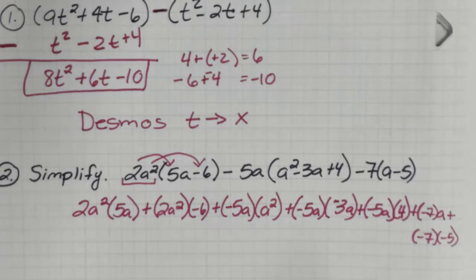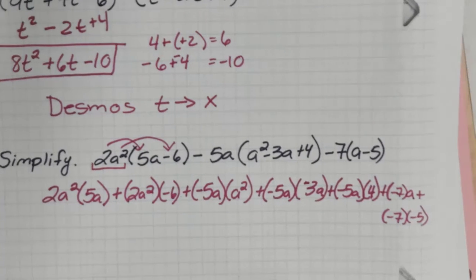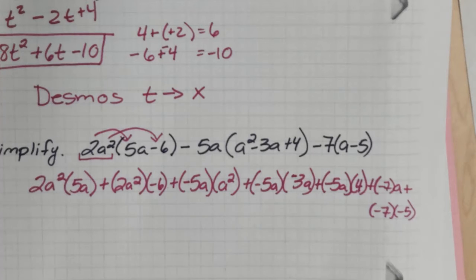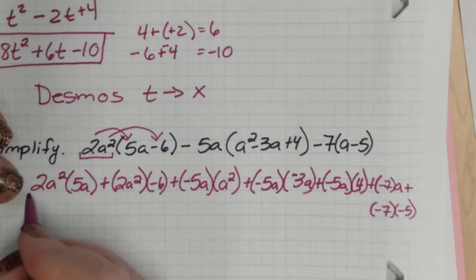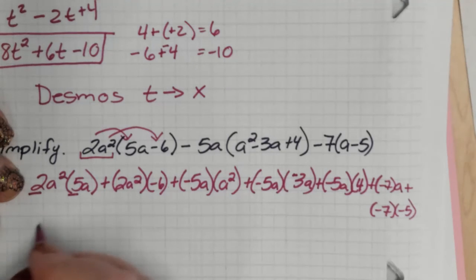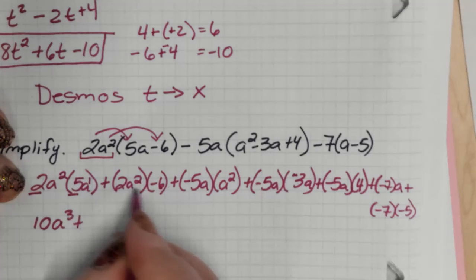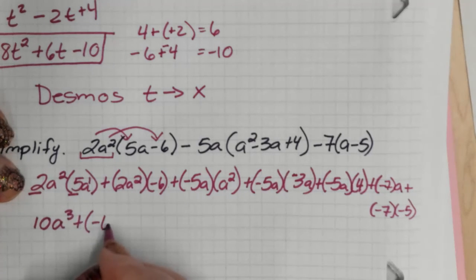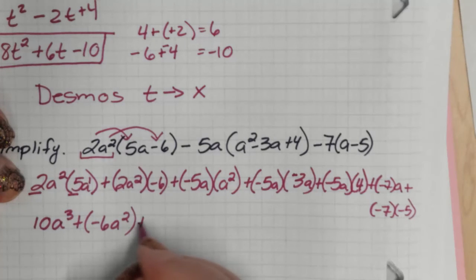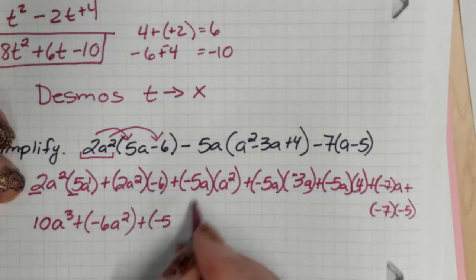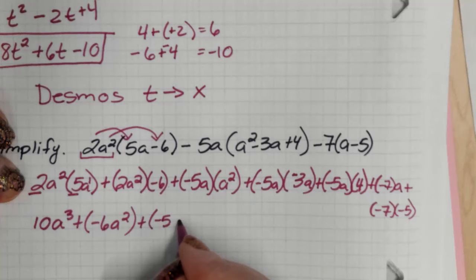So recall, when you're multiplying, you're going to add your exponents of the ones that have a common base, but your coefficients, you go ahead and multiply. 2 times 5. 2 plus 1. 2 times negative 6. That doesn't have a variable. Negative 5 times 1. 1 plus 2.